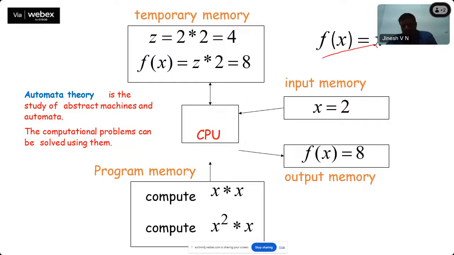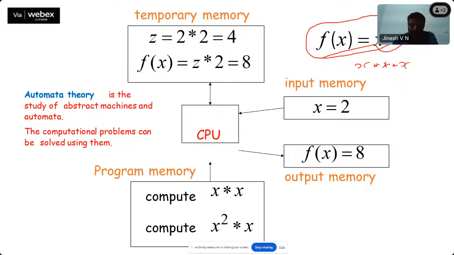This is my task: whatever value I give, I need to find the cube of it. In normal mathematics, we know x to the power of 3 is x times x times x.